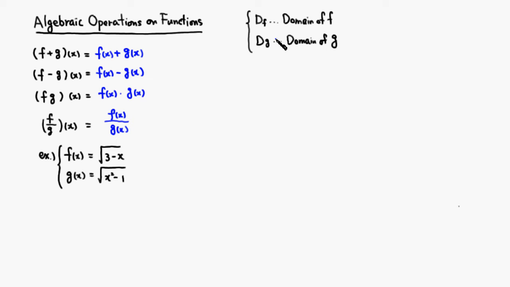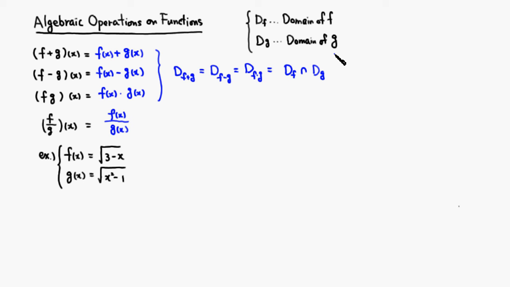The domain of addition, subtraction, and multiplication is determined by this: since both functions have to make sense, the domain of f plus g, which is exactly the same as the domain of f minus g and the domain of f times g, is simply the intersection of those two domains, D f intersect D g. That makes sense, because those two functions have to make sense at the same time.